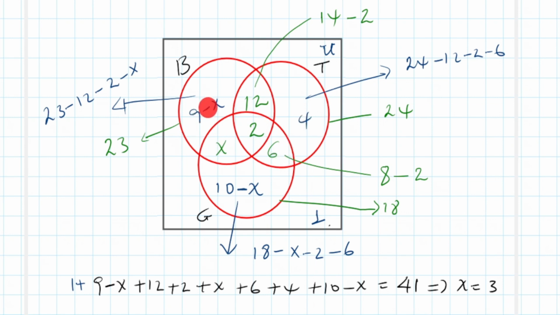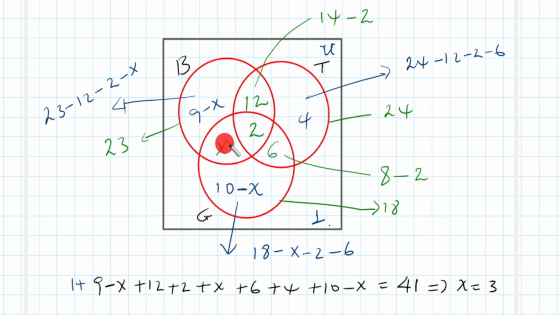And the number of people who play ball hockey only is 23 minus 12 minus 2 minus X, we get 9 minus X. And the number of people who play golf only is 80 minus X minus 2 minus 6, so we get 10 minus X. So to find the value of X, we must add 9 minus X, 12, 2, X, 6, 4, 10 minus X, and the 1, which equals 41, and solve for X. You will get the value of X is 3. This X equals 3 means the number of people who play ball hockey and golf only.